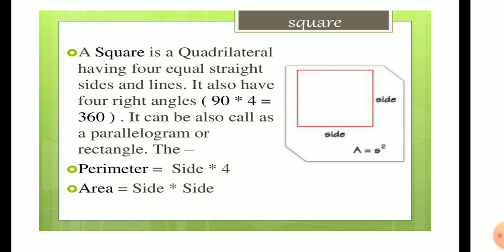Now the definition of square in terms of parallelogram: in any parallelogram, if one pair of adjacent sides is equal and any one angle is a right angle, in that condition the parallelogram is a square. And the perimeter of a square, you are aware, is 4 into side, and the area of a square is side into side.